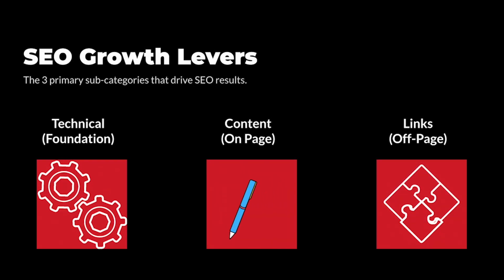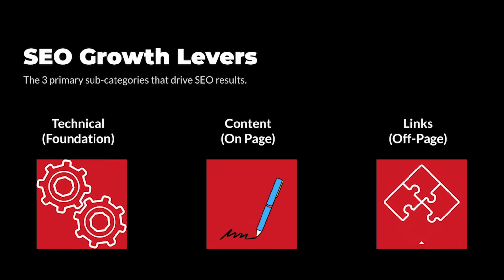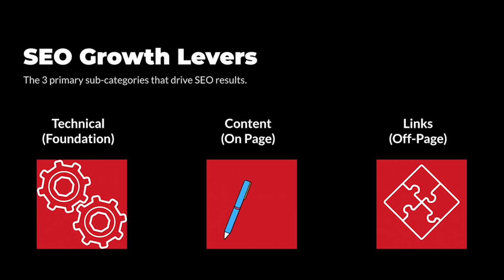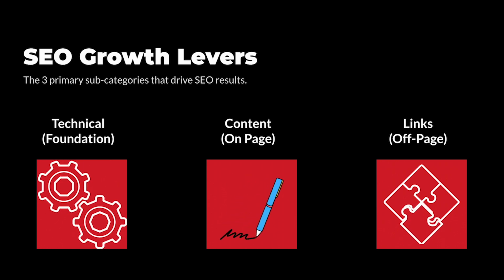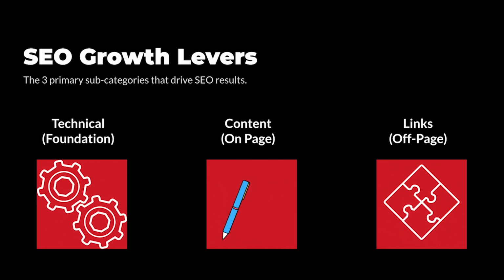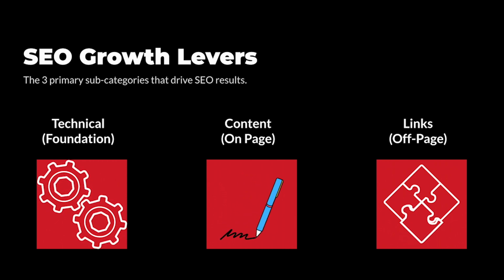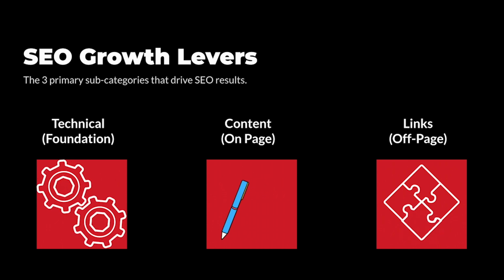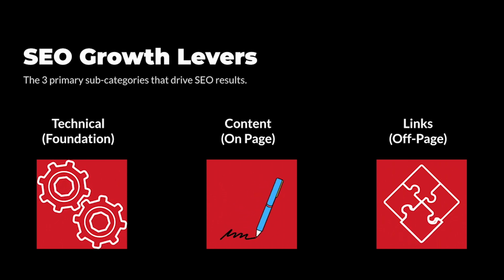Now let's talk about some of the growth levers that we have. These are the projects and the activities that we can do. In other words, levers we can pull that will create results for us on the other side of those projects. We have technical SEO, which is our foundation. We have content and on-page SEO, which we'll be discussing in this course.